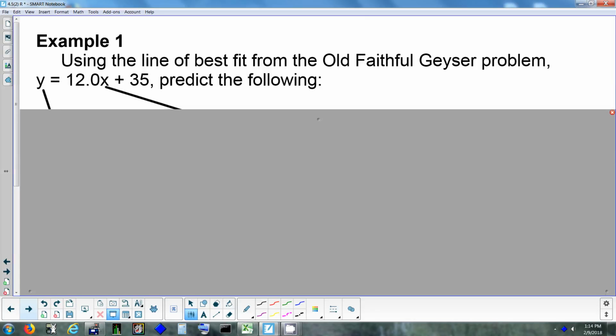All right, so there's a problem in the book about Old Faithful. That's a geyser. People know what that is? Yeah, it just erupts regularly. Water shoots out of the ground. Yep, very hot water. And you can't predict exactly when it's going to erupt.